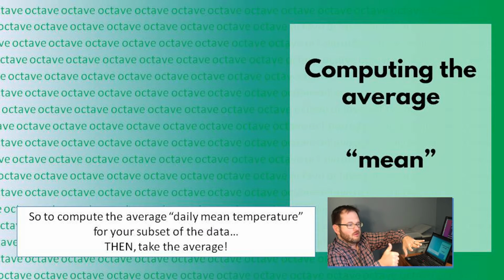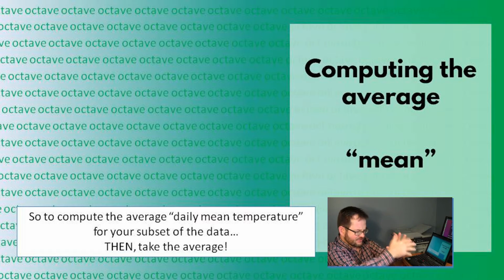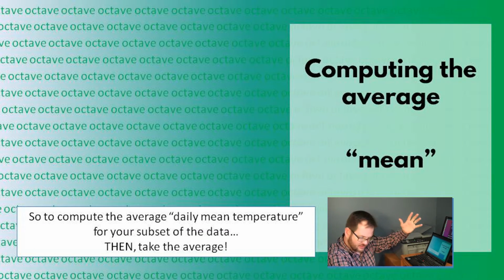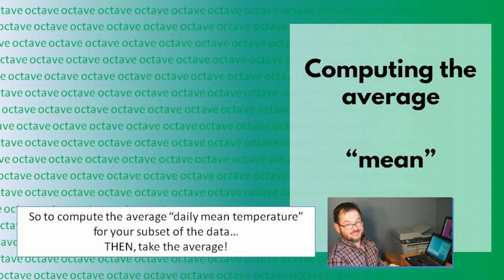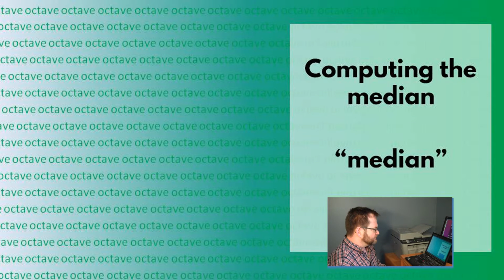Now, for every day that's left, we're going to add column 5 to column 6 and divide by 2 in some new array. We'll make a new array that is equal to data column 5 plus data column 6 divided by 2. Then take the average of that. Pretty slick. Octave is full of nifty tricks like that.